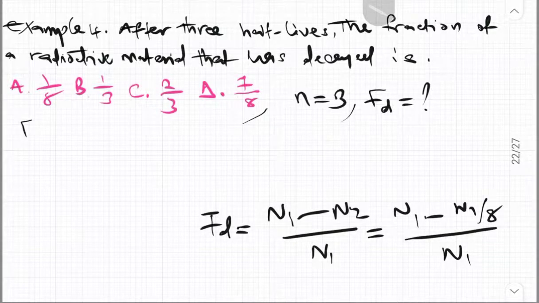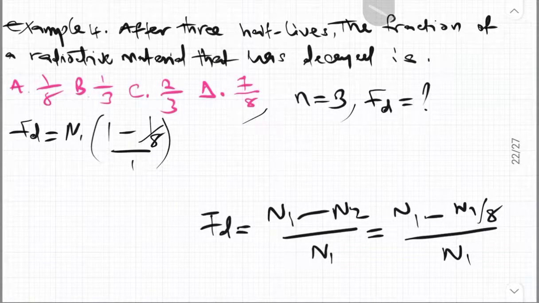Okay. So FD will be, of course, since N1 is common, we can factor it out. So we now have N1 times the bracket 1 minus 1 over 8, over N1.